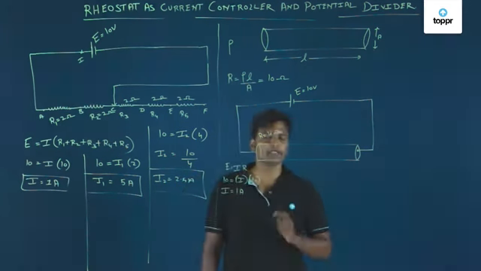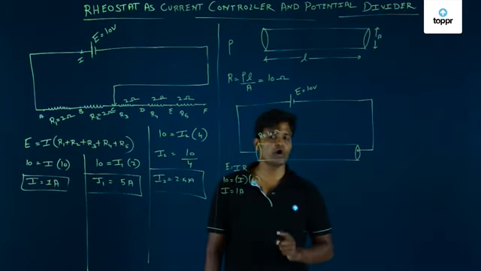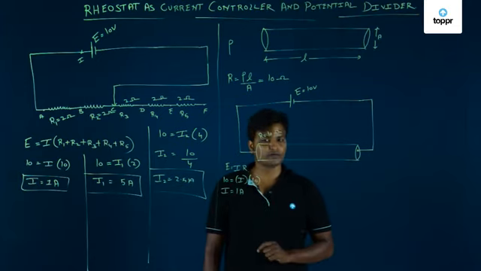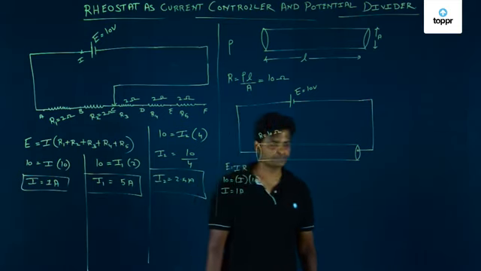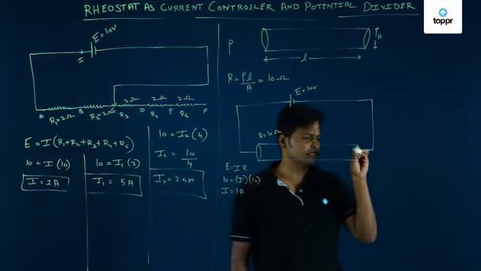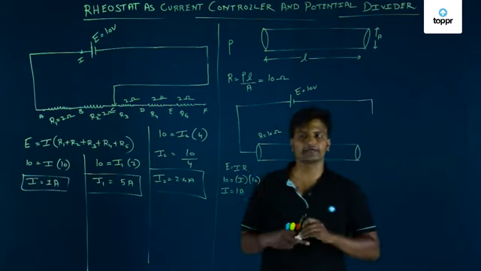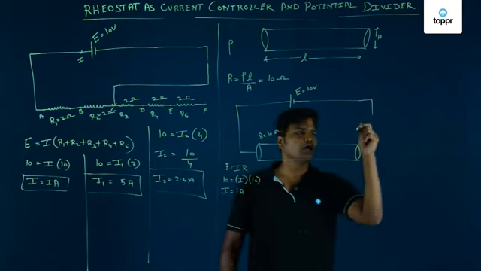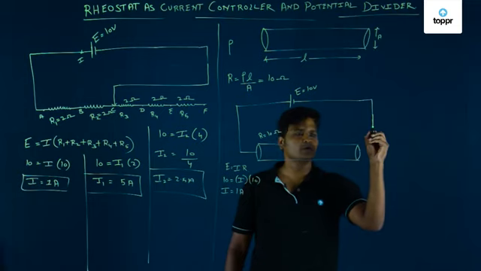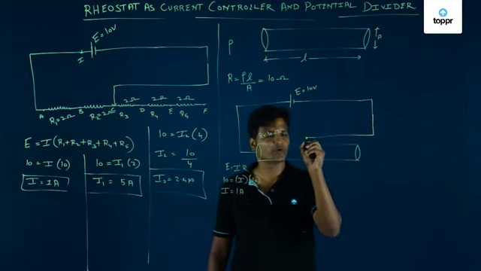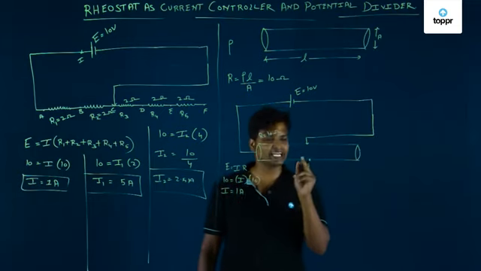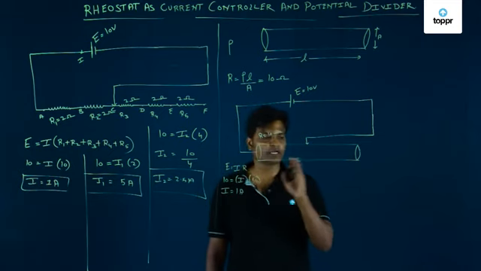Now if I want a current of 2 ampere to be flowing inside this particular circuit, what am I supposed to do? I'll disconnect the circuit from this particular point and then connect it to this point, which is exactly in between the conducting material.